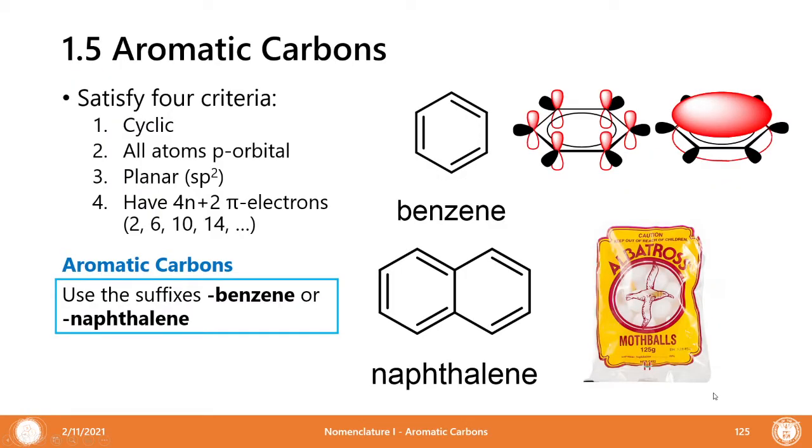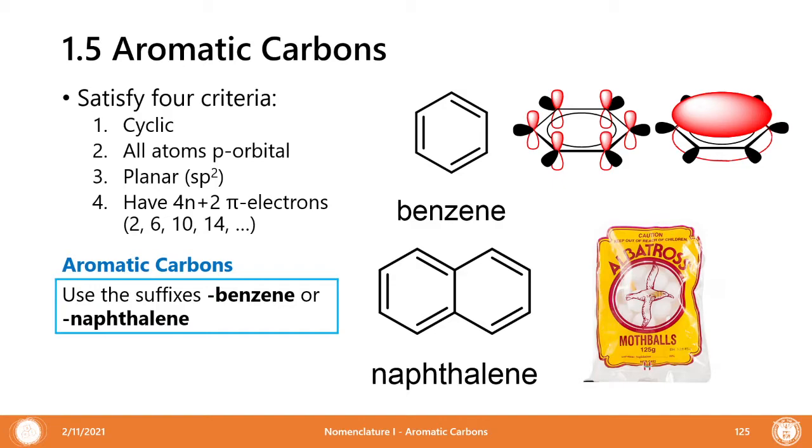For our last discussion on the first part of organic nomenclature, we will be dealing with aromatic carbons. Later in the course, you will determine that aromatic compounds satisfy 4 criteria.